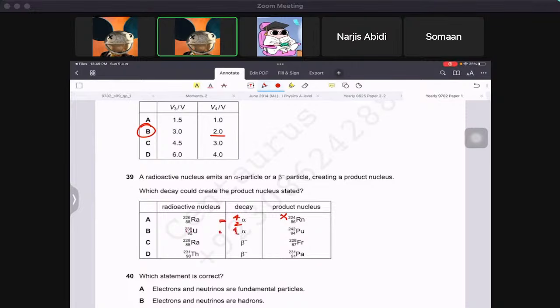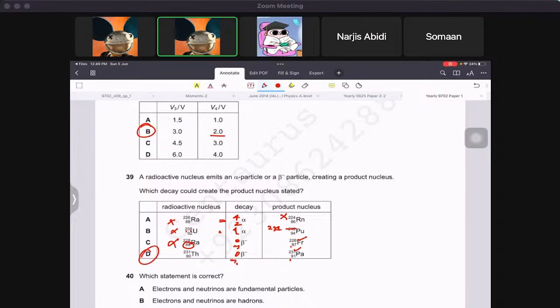How is it increasing? That's wrong. It should be 234 then. That's wrong. 228, 0 minus 1, 228 and minus 1, 86. It should be 86, not 88. That's wrong. 231, 91 minus 1 is 90. That is correct.